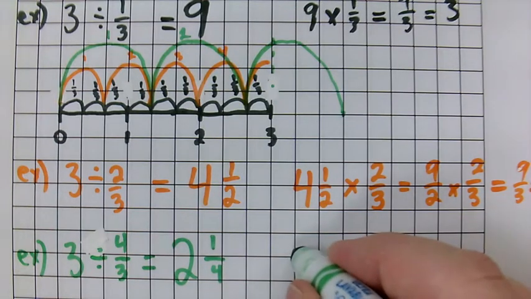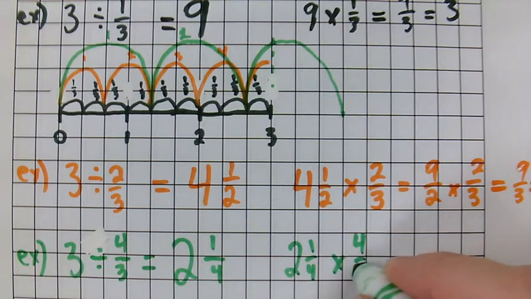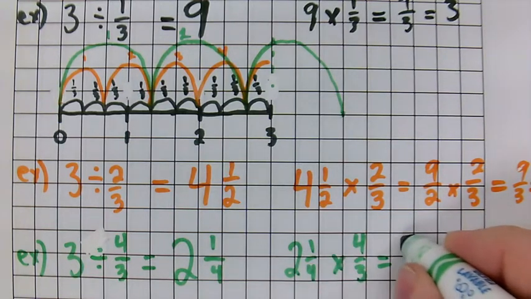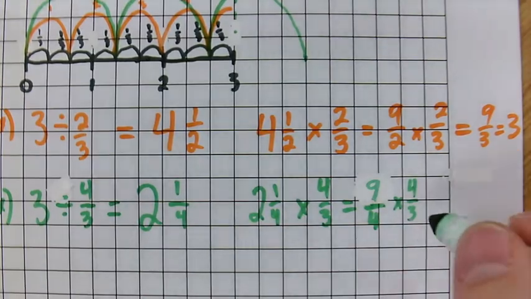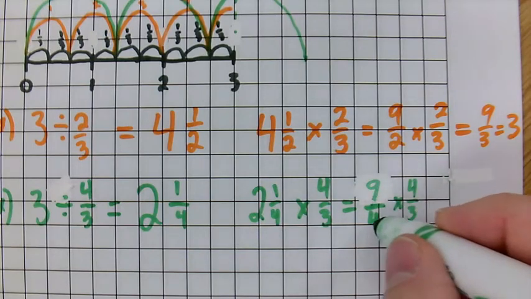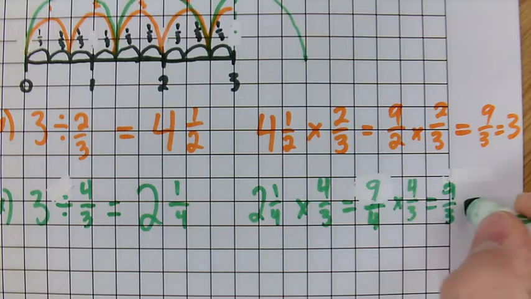Let's check our answer. 2 1/4 times 4/3 equals 9 over 4 times 4 over 3. The 4's can cancel out, and we have 9 on top, 3 on bottom, which equals 3.